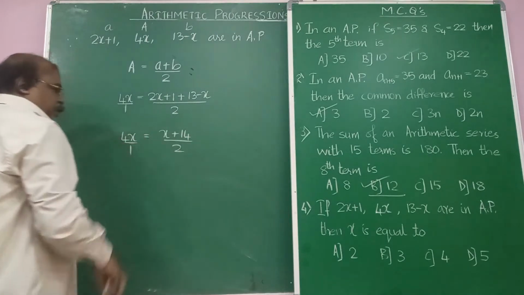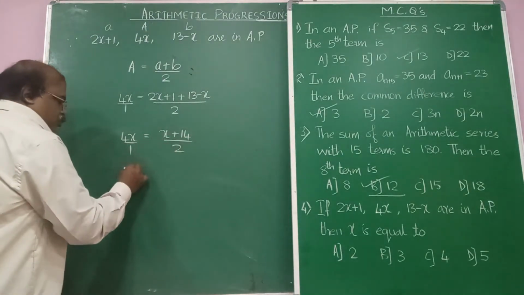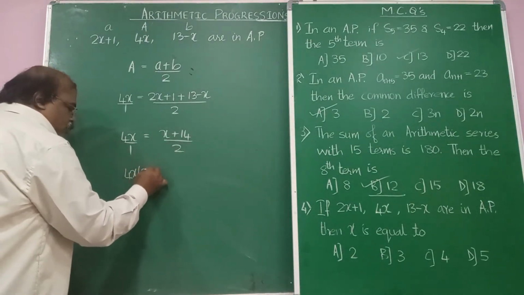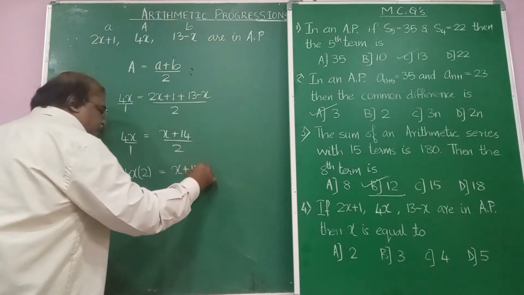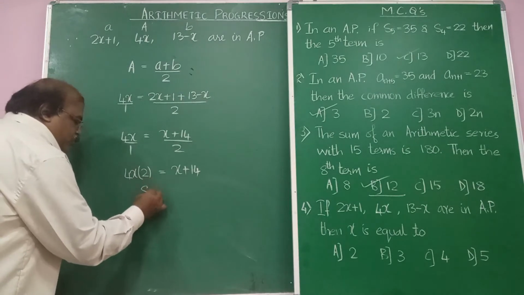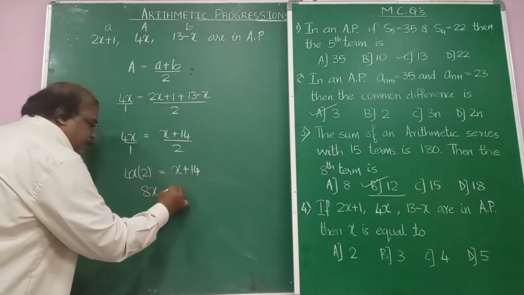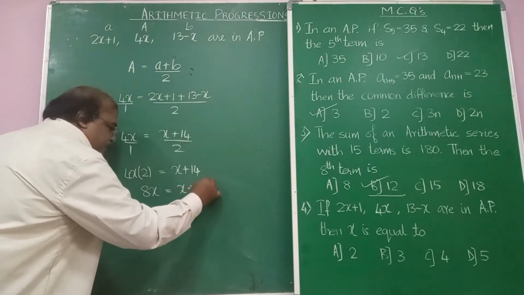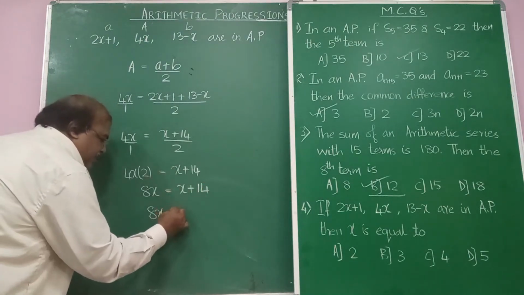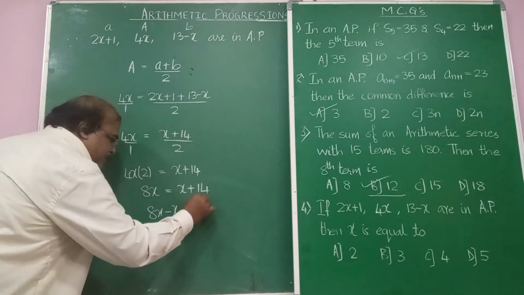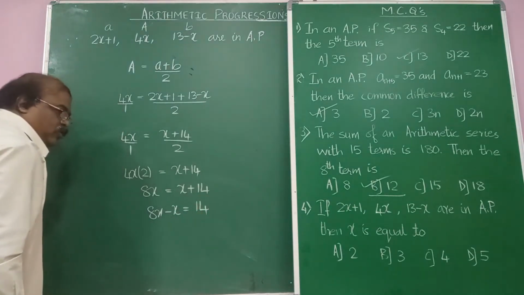Let me cross multiply. So 4x into 2 is equal to 1 into (x plus 14). So you get 4x into 2 is 8x, equal to x plus 14. So 8x, with x coming this side, minus x, is equal to 14.